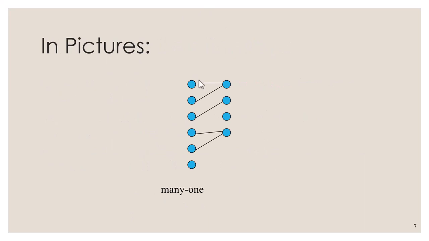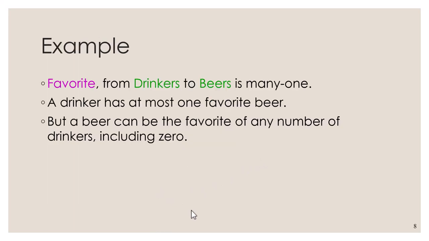As you can see, from the first set it goes to exactly 1, 1, 1, 1, 1, right? But from here it could go to 2, 1, or none. So this is going to be a many-to-one. I guess if this side and this side were to be flipped, we would just call that a one-to-many. So there's really, I guess, no difference between one-to-many or many-to-one.